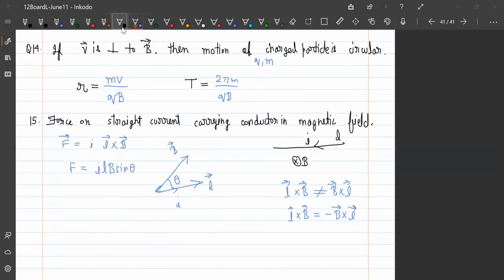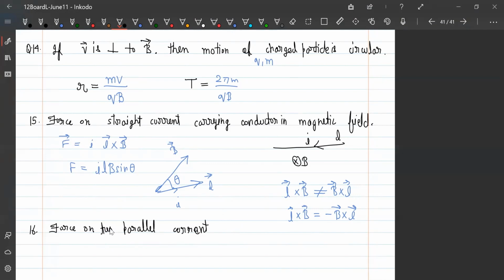Then last question will be force on two parallel current carrying conductors. तो parallel wires में कितना current, कितना force लगेगा?